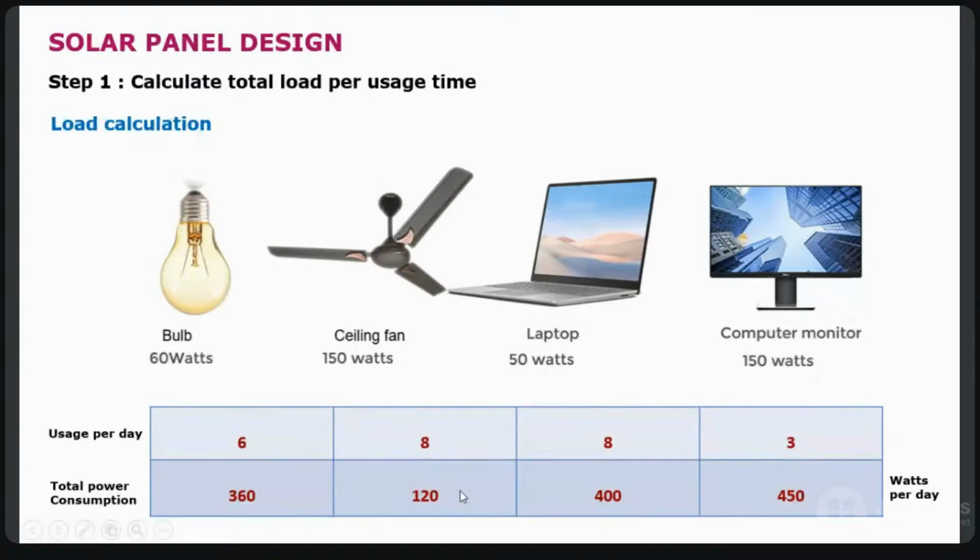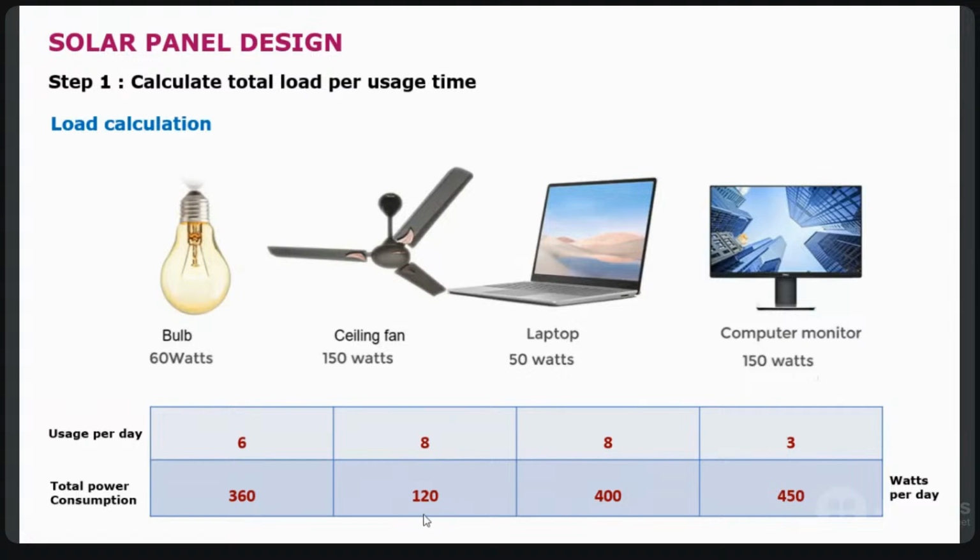From this we have to calculate the number of units. After that we need to apply the cost per unit. This is what the panel design will take, and finally we will get the total amount we are going to spend on the PV expenditure.